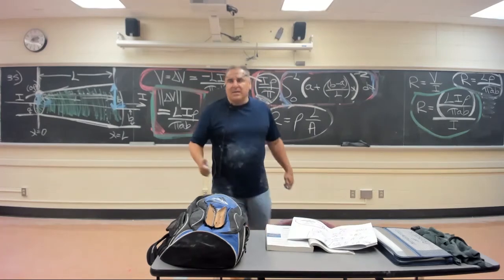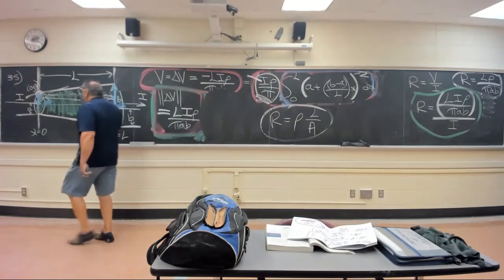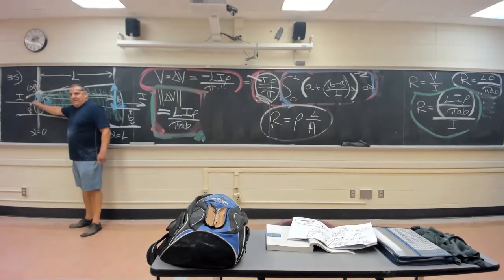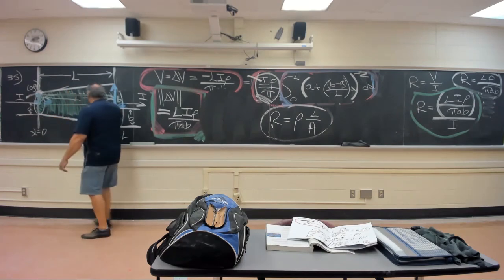If A is a big radius, then the small circle associated with the small radius A is actually a big circle. It's just not as big as this circle.